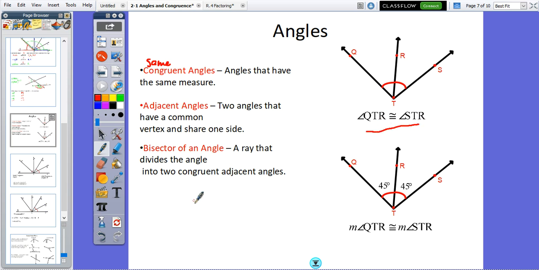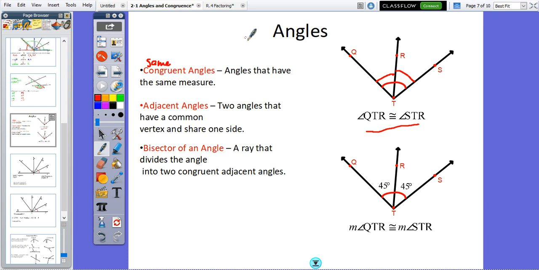But how do you see it in picture form? Well, here's the picture of it. Even though it looks like one big arc, they're actually two individual arcs. They're saying that this angle right here and this angle over here are congruent. So you'll see the same one mark to determine that, hey, this angle is congruent to this angle.